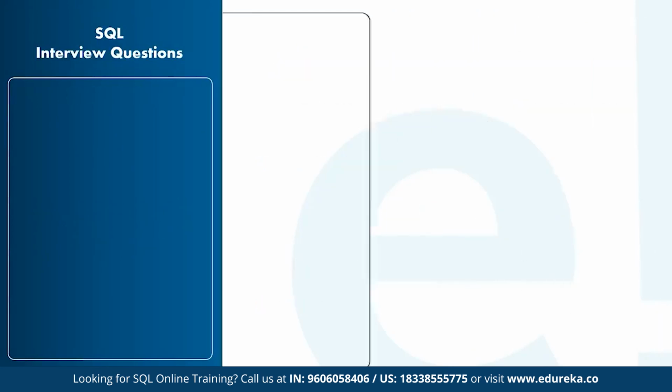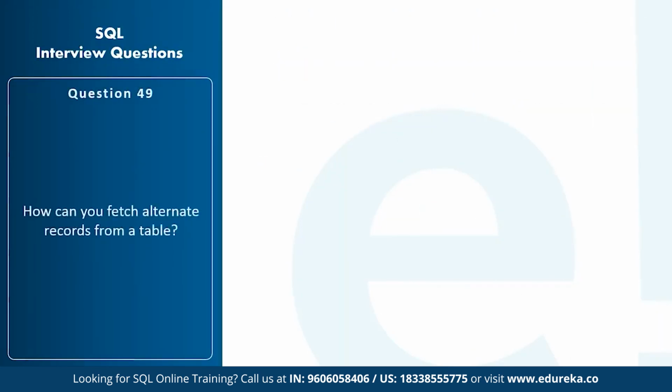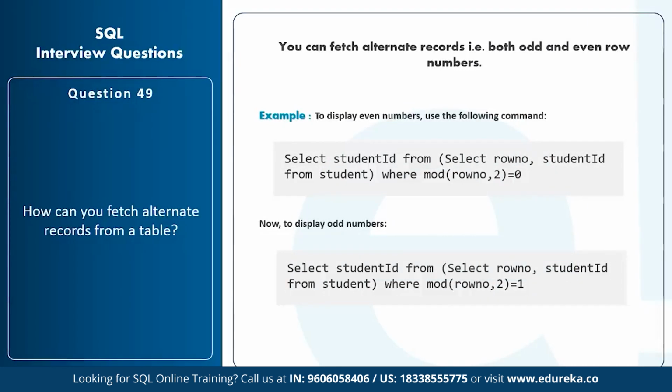Let's move forward to the next question, that is, how can you fetch alternate records from a table? When you answer this question, please make sure that you mention a point that you can fetch alternate records, that is both the odd and the even row numbers. Now to display the even row numbers, you can use a command like select student ID from (select row number, student ID from student) where mod(row number, 2) equal to 0.